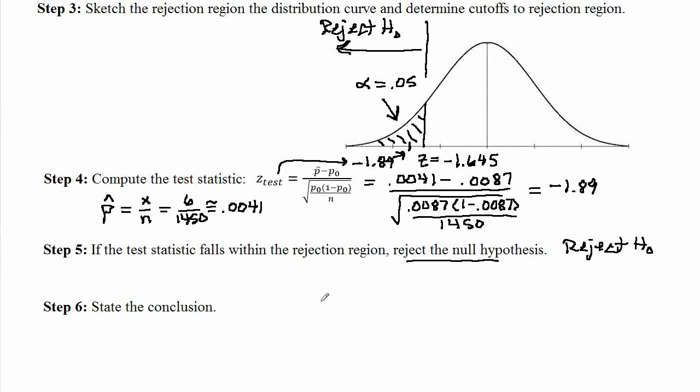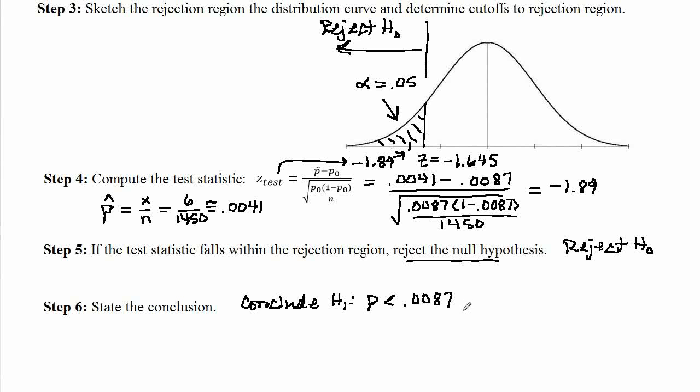So if we reject the null hypothesis, then we are going to conclude the alternative hypothesis, which is H1, that our proportion is strictly less than 0.0087. Okay, so the sample information here is sufficient to reject the null hypothesis, would be another way to say that.